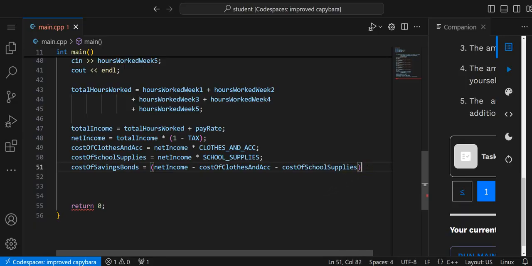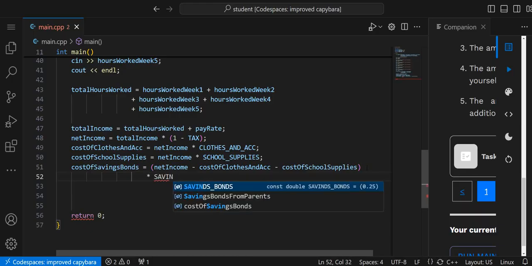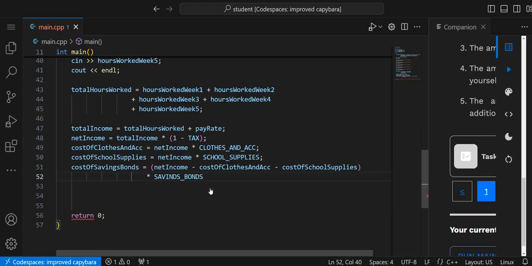And let's go down to this next line here, toggle over, keep our code times savings bonds. Do this one. And semicolon. Back to the tab.